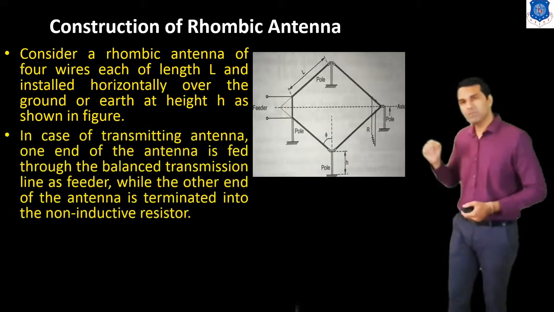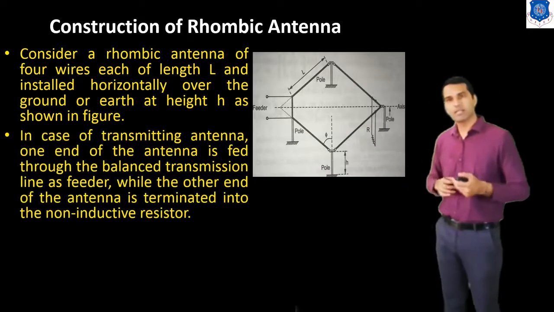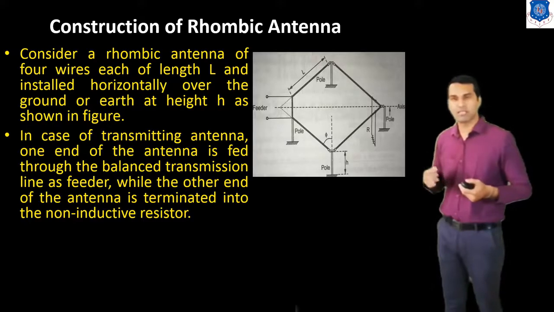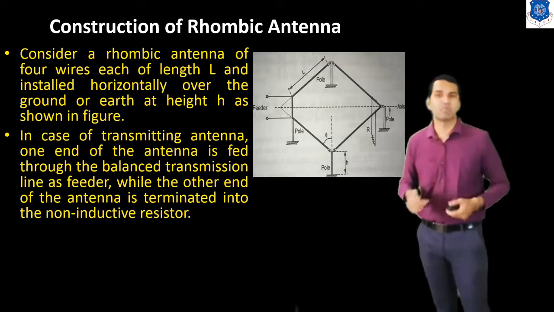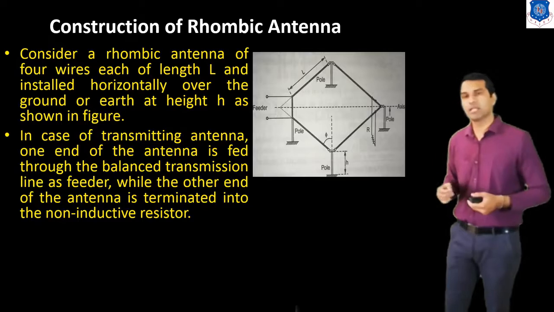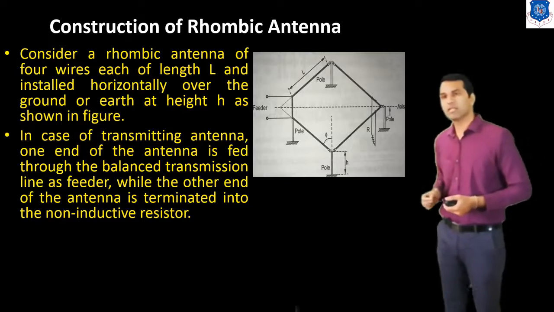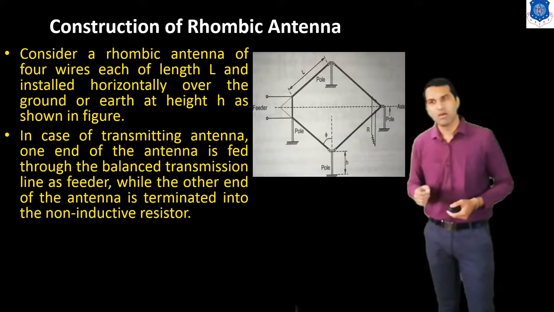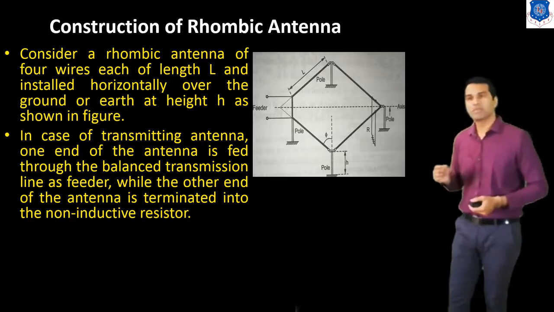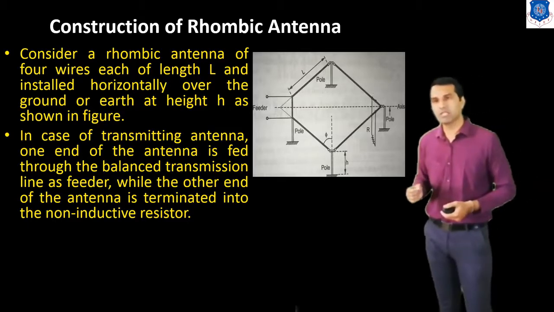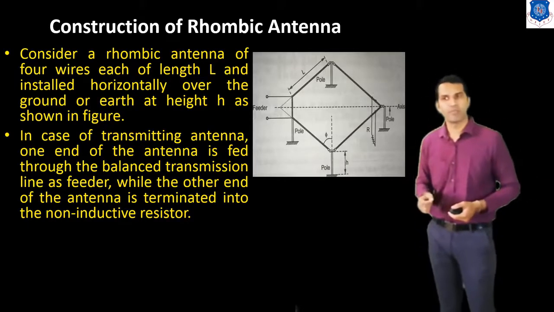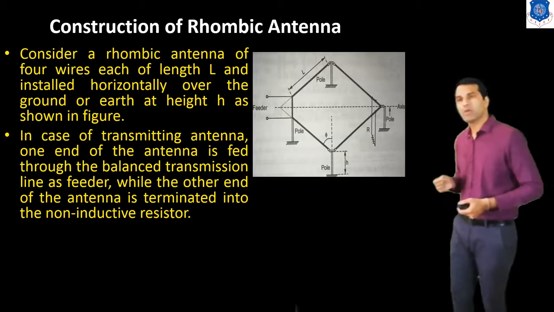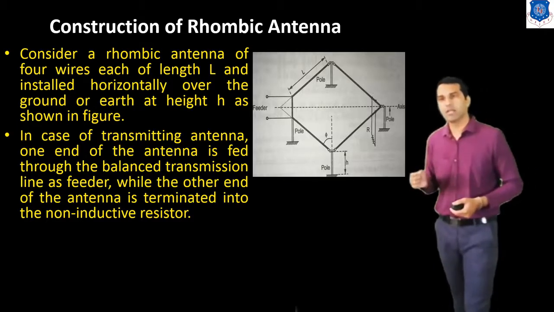In the case of the antenna, there are two cases. One is we can use this rhombic antenna in the transmitting side, and we can also use this antenna in the receiving side. Now we consider the case of the transmitting antenna. One end of the antenna is fed by a balanced transmission line as feeder, while the other end of the antenna is terminated into a non-inductive resistor.